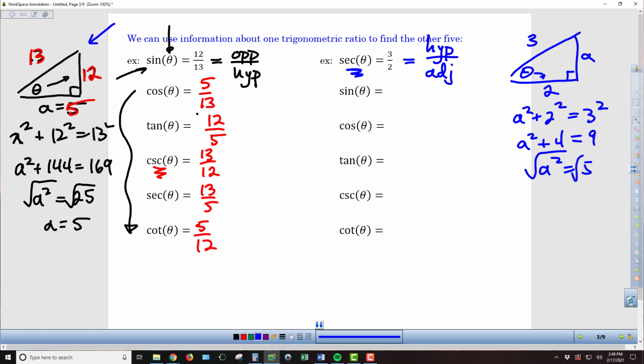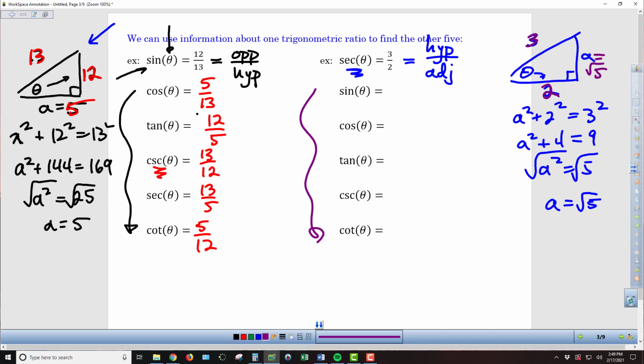And then if I take the square root of both sides, I get A equals root 5. Or in other words, I've got an adjacent side of 2, A is equal to the square root of 5, and then my hypotenuse is 3. And so those are the measurements that I'm going to use to complete the rest of these ratios.